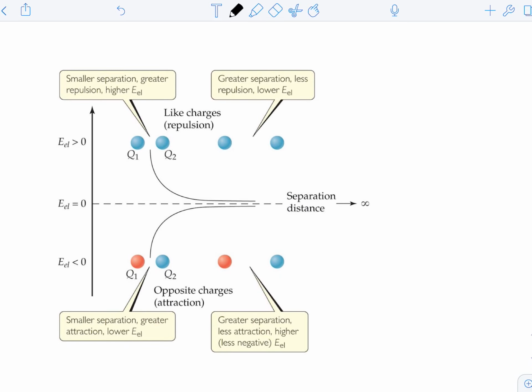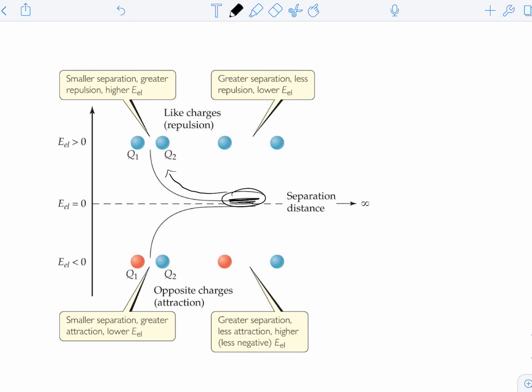If you've got two like charges that are some great distance apart, far enough that they don't feel the repulsion between the two particles, that would be this energy state right here, where they are infinitely far apart from each other, so there is no repulsion, so we're basically at that potential energy being zero. As we decrease the distance, getting them closer and closer together, there's more and more repulsion, and that energy is going to go up.